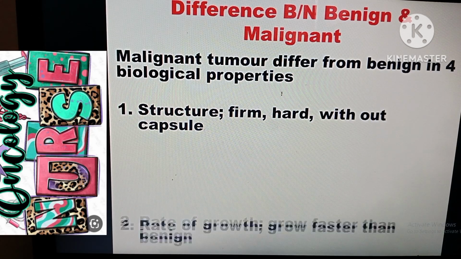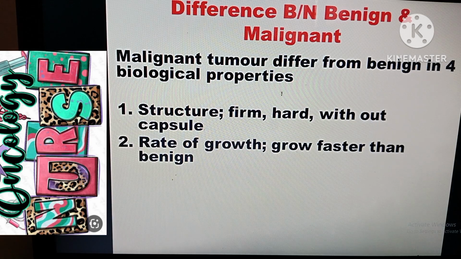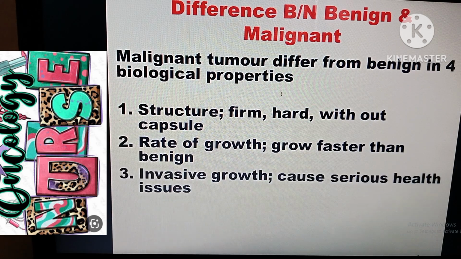So rate of growth: the benign grows very slowly, but the malignant will grow faster than benign. Invasive growth means it will invade, it will hijack neighboring structures one by one and cause serious health issues. For example, it might be a cancer of the lungs.